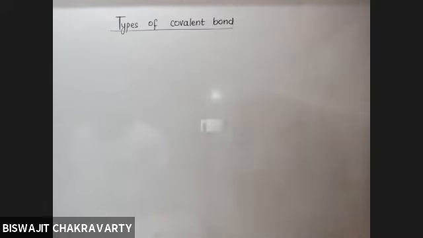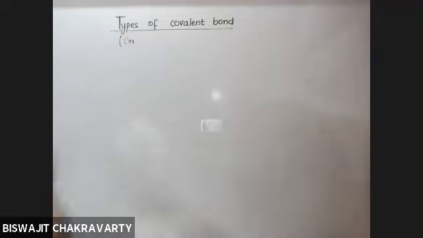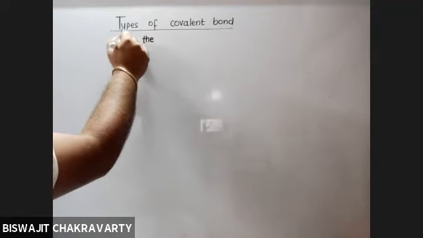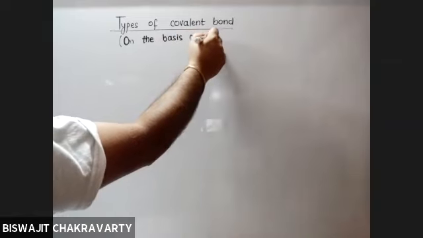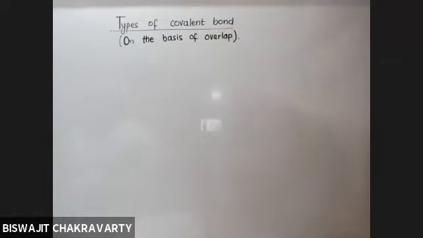Here also we are writing the types of covalent bond, but here we will have to write on the basis of overlap. So there are two types as we have just now discussed.